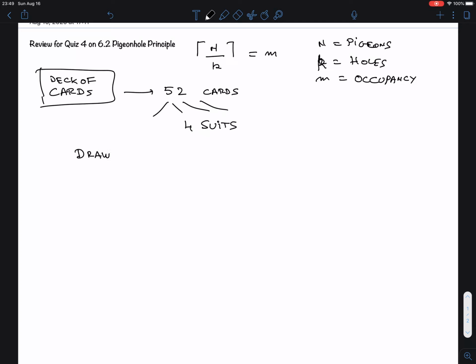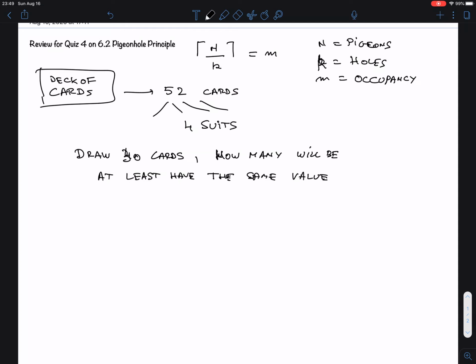All right, so let's start with the first question. If I draw 30 cards, so I'm drawing cards, and I want to make sure that I, for instance, have... yeah, sorry, this is a bit weird.